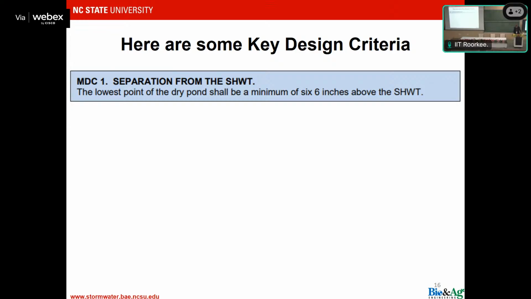So one of the things about a dry pond, which makes it a little less likely to be used in Rookie, is that the dry pond has to stay dry. So that means it has to be located above the seasonally high water table. All right. Dry ponds tend to be deeper systems.